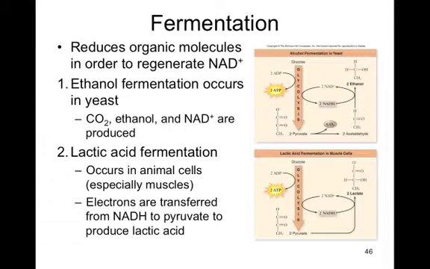Whereas in the lactic acid fermentation that we see in our cells and other animal cells, especially in the muscles, the electrons are transferred from NADH to pyruvate to produce lactic acid. Of course, that lactic acid can only build up so much, and then we have to return the lactate to pyruvate and put it through the oxidative processes of cellular respiration.